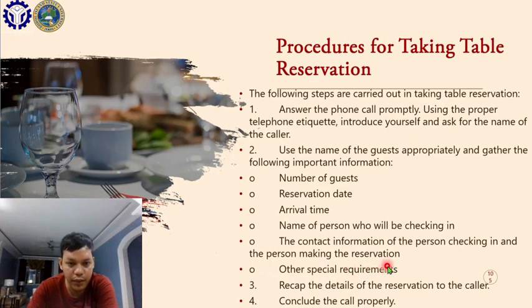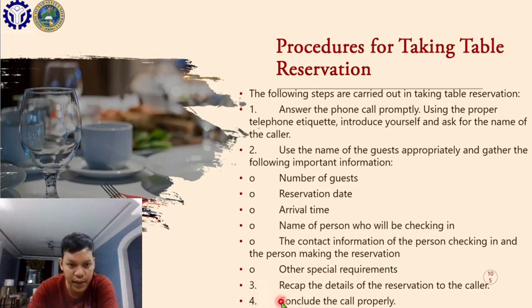As we can observe in the role play, Miss Karen is calling for a table reservation for her boss. So the staff is recording the name of the person who made the reservation and the person who will be checking in, and also other special requirements. So that is for number two.